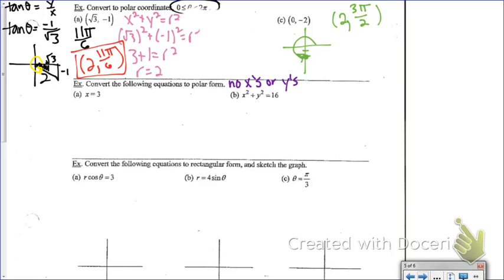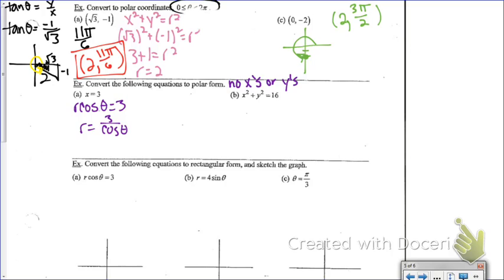So I need to see what I can substitute here. If you go back to the formulas that we just put in, we know x is the same thing as r cosine theta. I got rid of my x's. Now if you wanted to get r by itself, you could. You'll see a lot of these equations as r by itself. So if you wanted, you could rewrite this as 3 over cosine theta. But what's important here is that you're getting rid of your x's and y's.